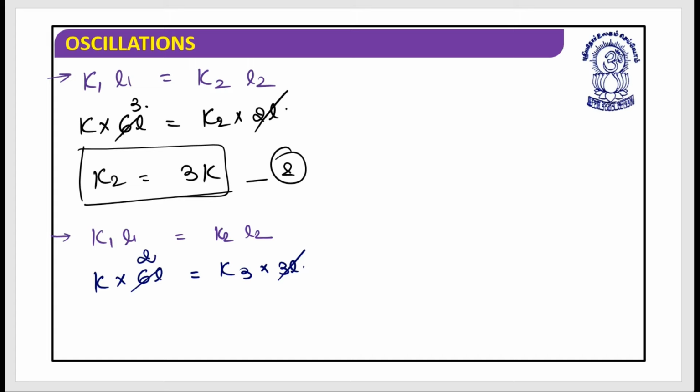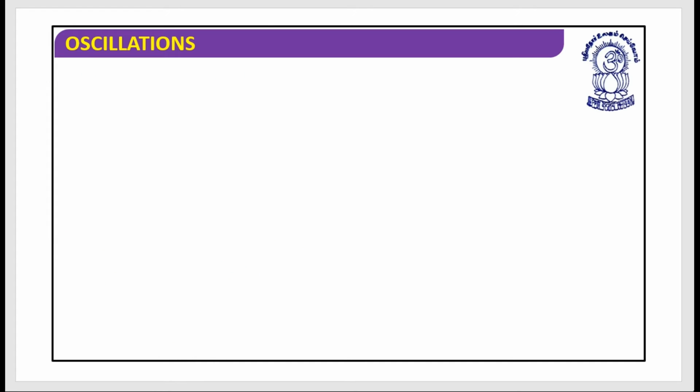So K3 will be equal to 2k. I hope this is clear. So by dividing a spring you can convert it into new springs, and by converting it into new springs you can have a variation in its time period. Let's look at the questions based on this.